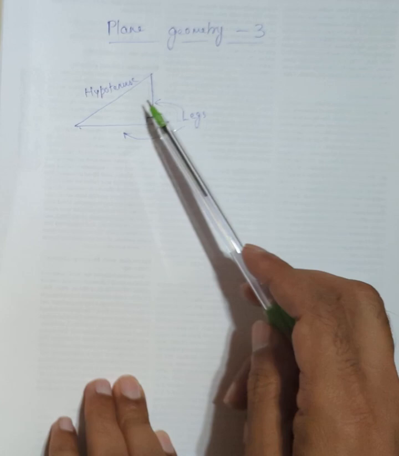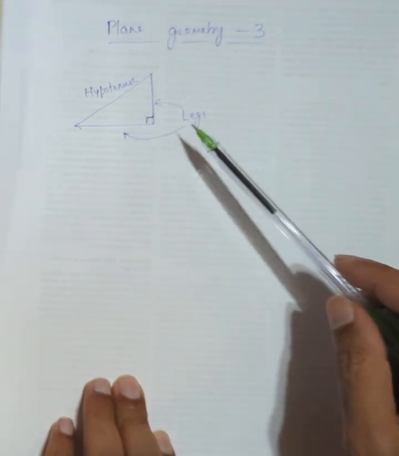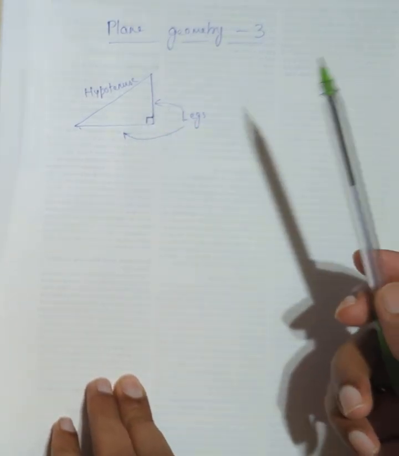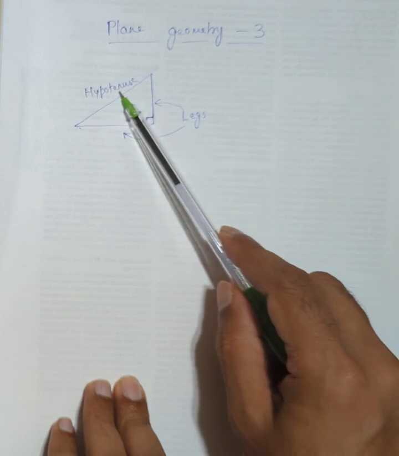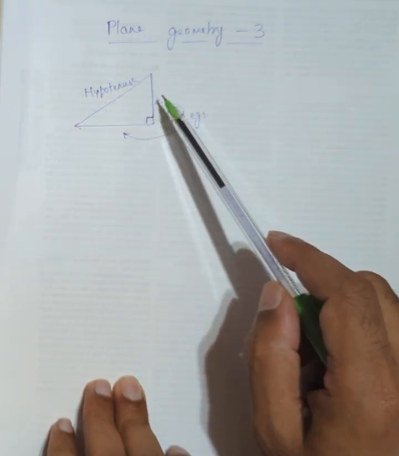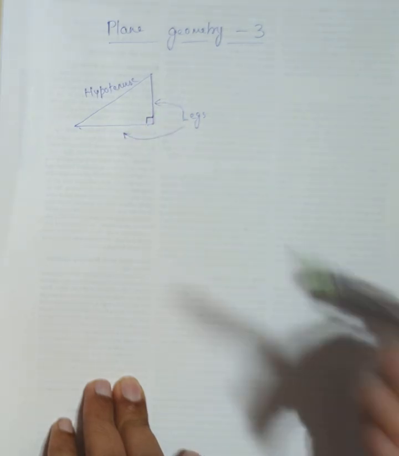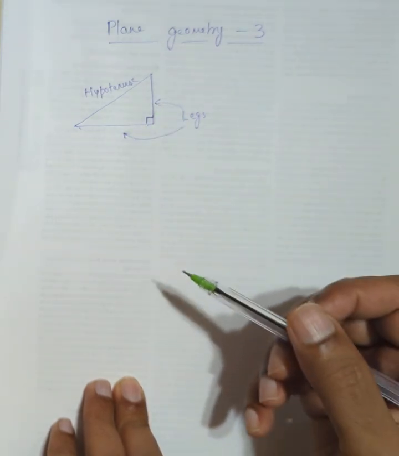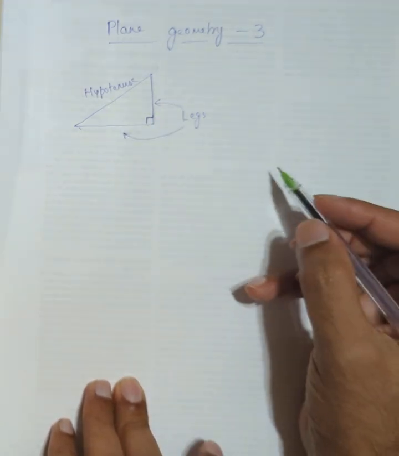Now the legs could be equal, or you may have a short leg and a long leg. But the hypotenuse will always be the longest side. It will be bigger than either of the legs. So that's some terminology.